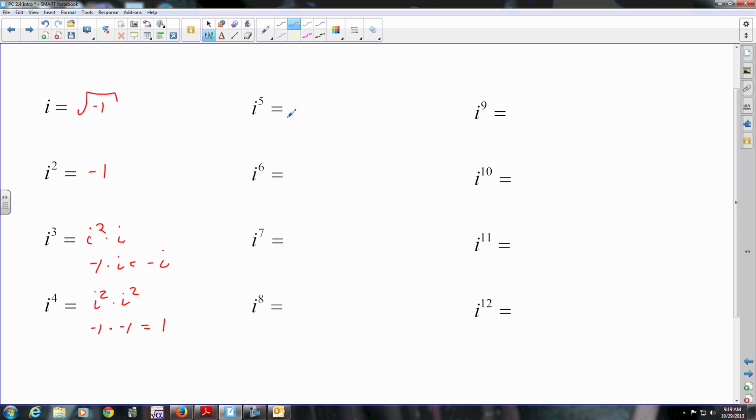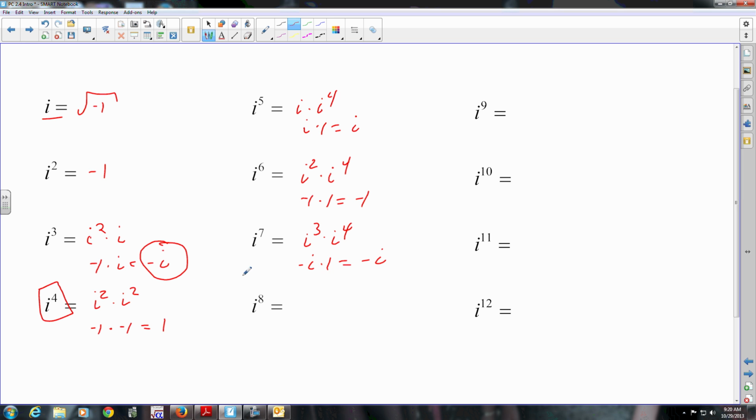Now, I'm going to break things up into terms of i to the fourth, because i to the fourth is just worth 1. So i to the fifth is i times i to the fourth, so that's i times 1, which is i. i to the sixth is i squared times i to the fourth. i squared is -1 times 1, which is -1. i to the seventh is i cubed times i to the fourth. i cubed, I already know, is -i, times 1.